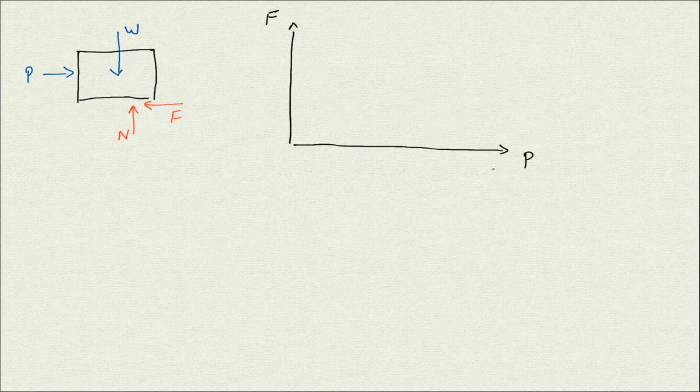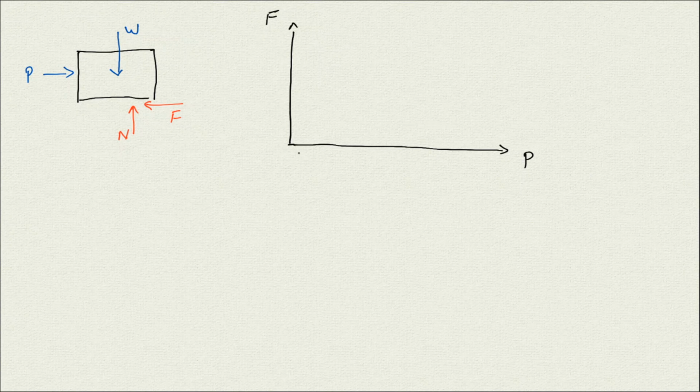Let's see what happens. We know that for a small value of P, the friction is equal to P. That's what we had when there was no motion: F and P are equal.